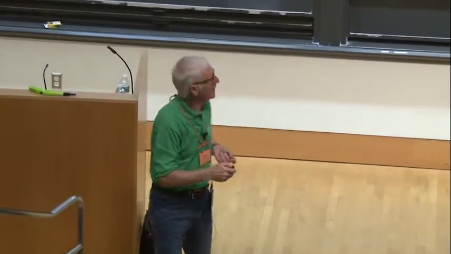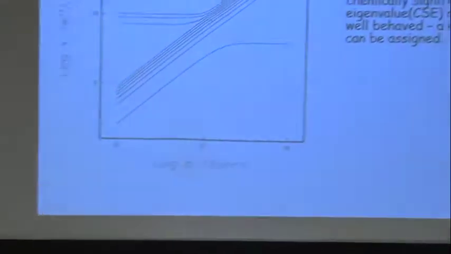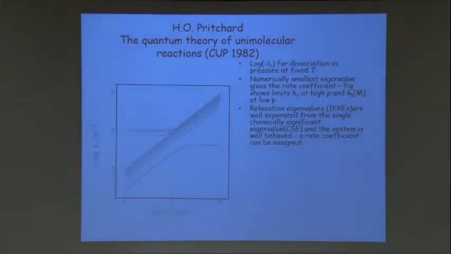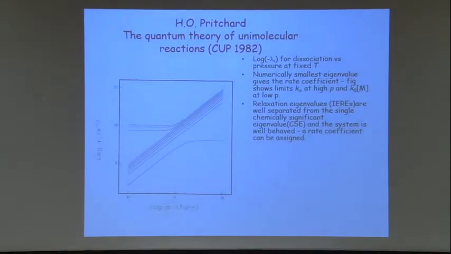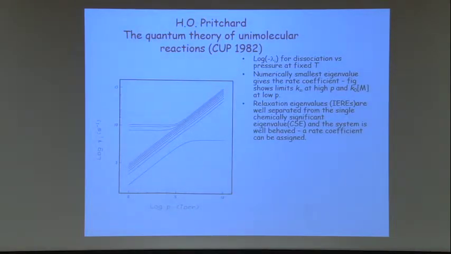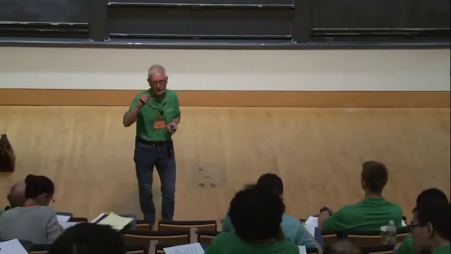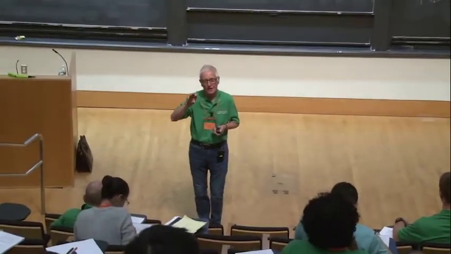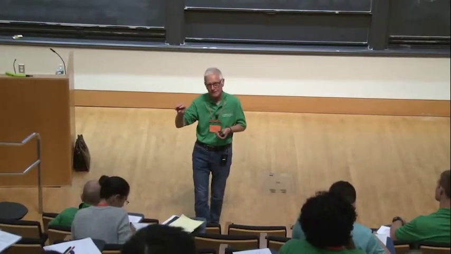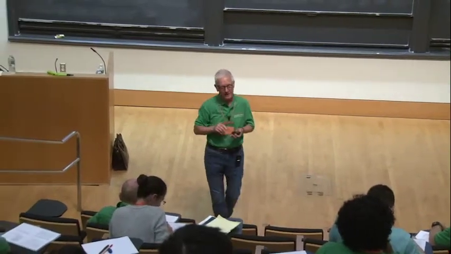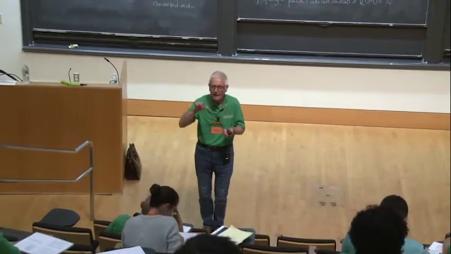And the evolution of the system will be described by these eigenvalues here. Remember, I showed you an expression which gave the concentrations of the various grains in terms of the eigenvectors and the eigenvalues, summed over all the eigenvectors and eigenvalues. And those will apply at relatively short times. What they do is they establish a steady state distribution, and the reaction then takes place from this steady state distribution.